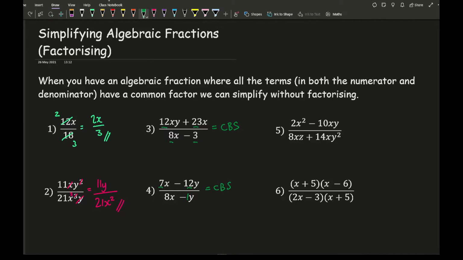Looking at question 5 now, I can see that all the 4 terms have got numbers, so let's have a look if I can cancel those, and yes, I can take 2, so I can divide each of those numbers by 2. That then becomes a 4, and that becomes a 7. Now also each term has got x, at least one x anyway, so I can take away the smallest amount of x, which just happens to be 1.